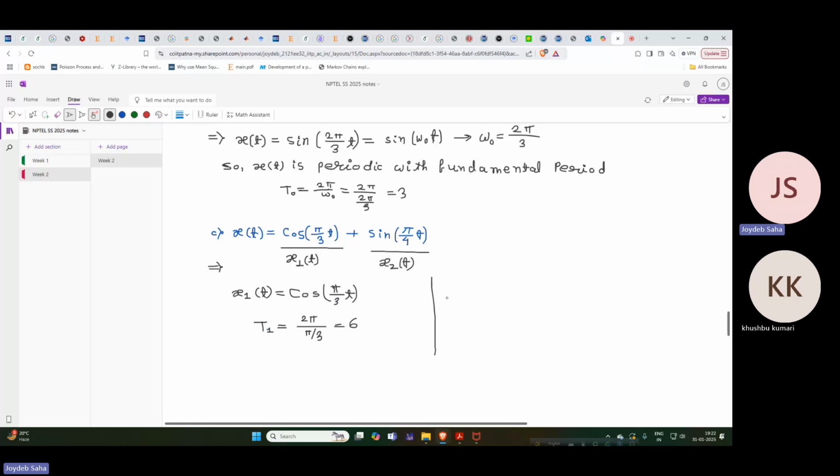Okay. x2(t) is equal to sine(pi by 4 t).